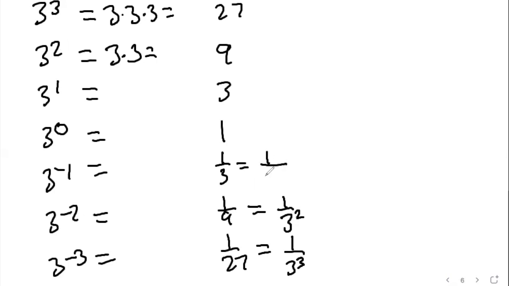So I could write this as 1 over 3 to the first power. So the negative in the exponent is like 1 over our answer. The negative in the exponent means that we have to do the reciprocal. That's kind of interesting.